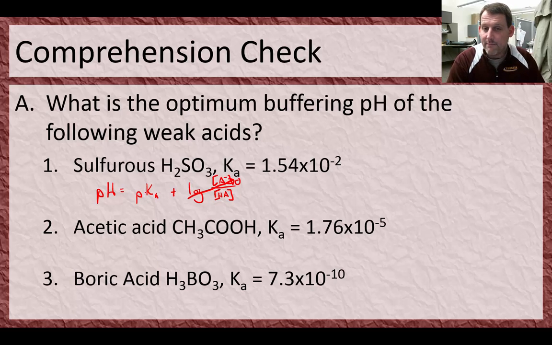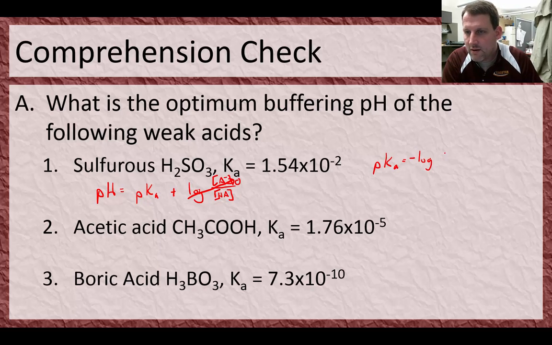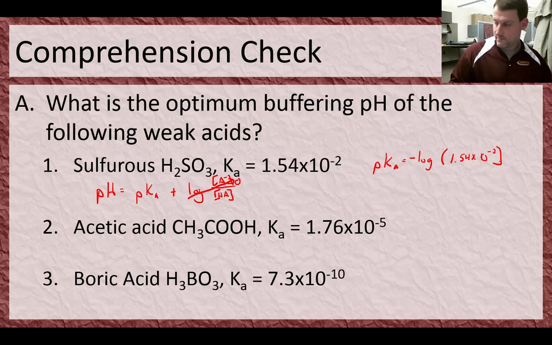So to find the pH that it operates best at, you just have to find the pKa real quick, which means that the pKa of this one is equal to the negative log of 1.54 times 10 to the minus 2. Oh, I haven't done these yet.